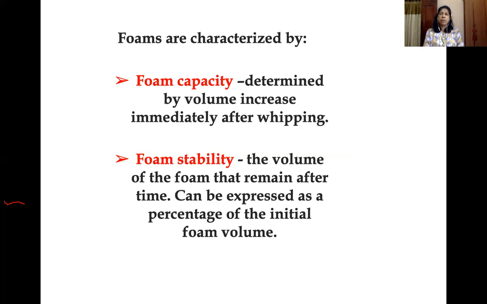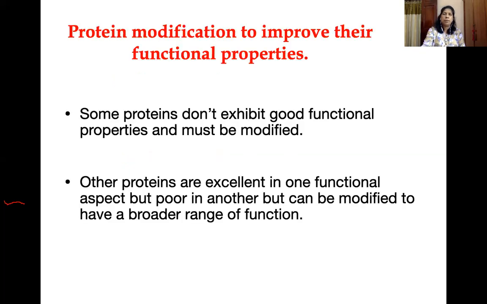So whatever the protein, if you are going to use it for foam forming as a stabilizer, then foam capacity as well as foam stability is very important in that protein, right?